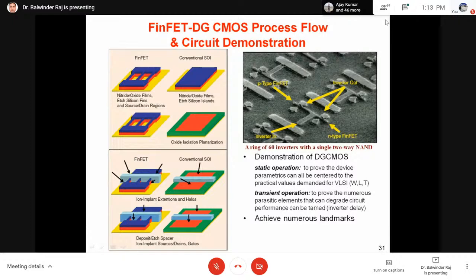represents the same picture for the circuit. These are single fins, but in the circuit we require many FinFETs. So for a simple inverter with n-type and p-type FinFET, we have the n-type FinFET and the p-type FinFET, and the inverter requires the input from here and the output here. These inverters are repeated in the wafer, and from those inverters we can design any type of circuit.